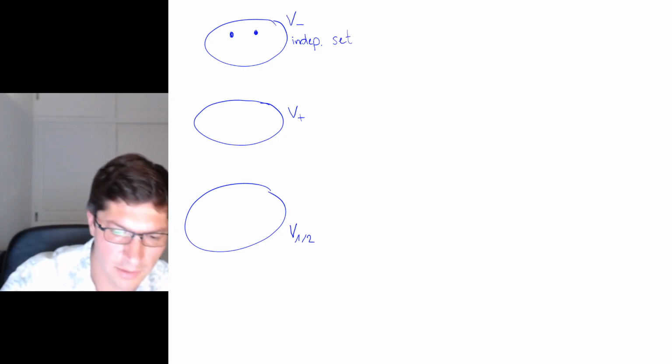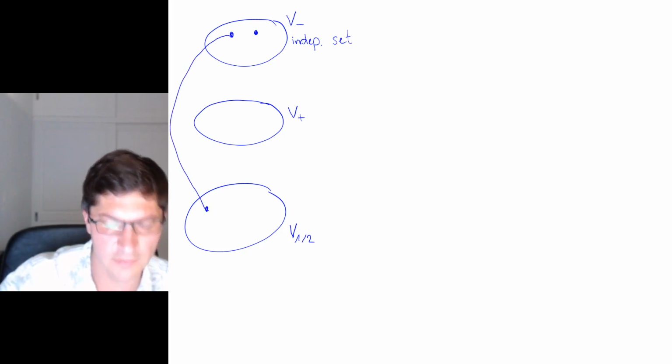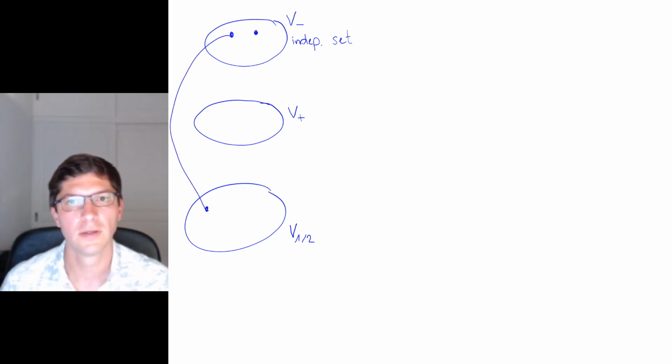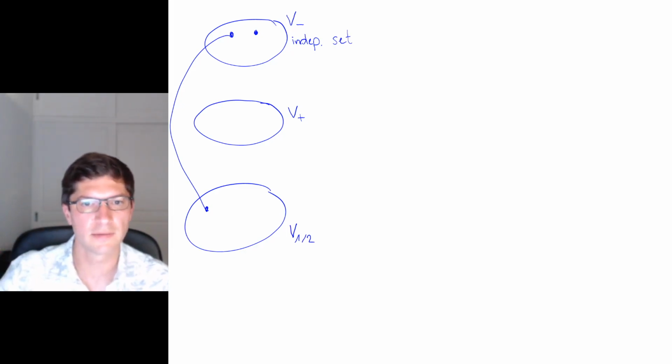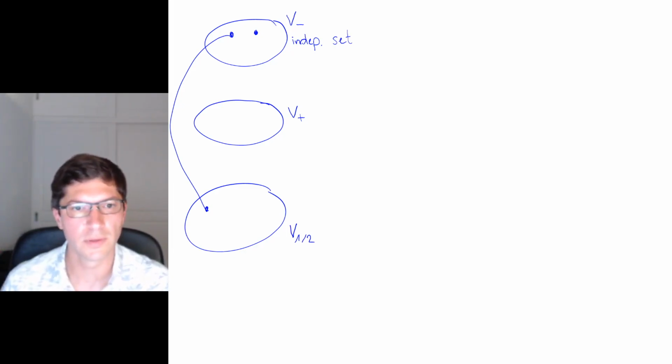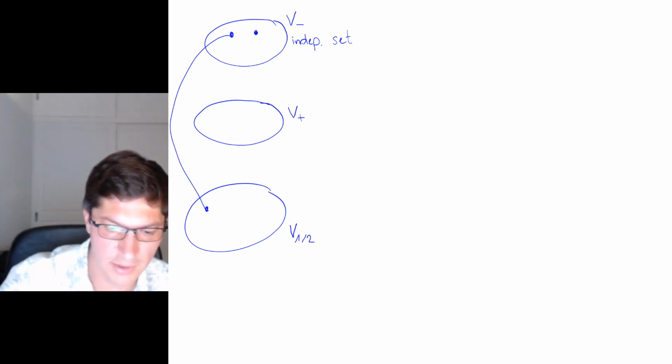The other thing that we can notice is we have the same property if we have a vertex in V minus and a vertex in V 1/2. Also, we cannot have an edge between these two vertices, because we have value 1/2 and something that's less than half. So in total, the sum is less than 1. So we cannot have such edges.